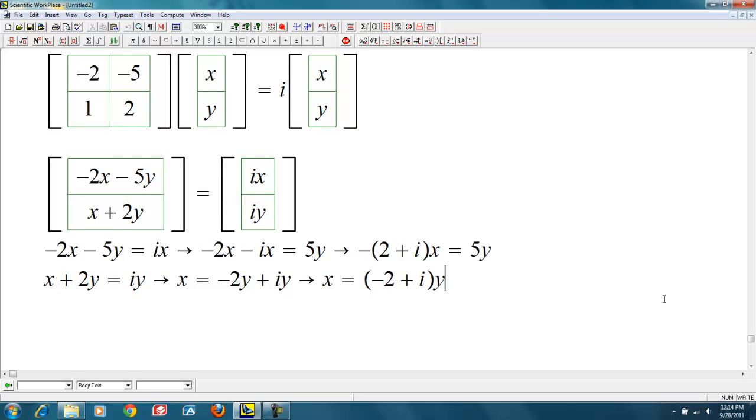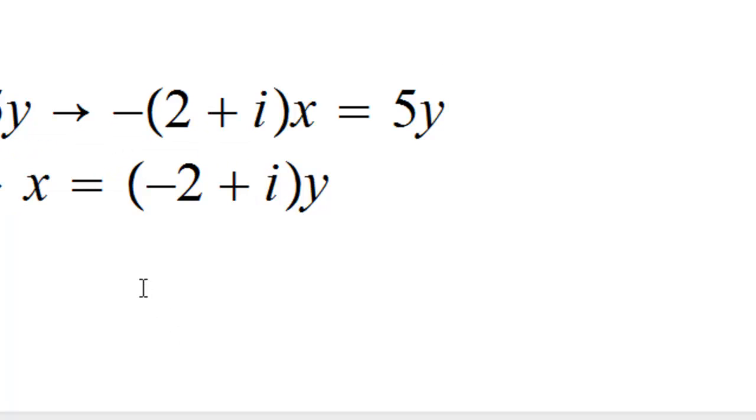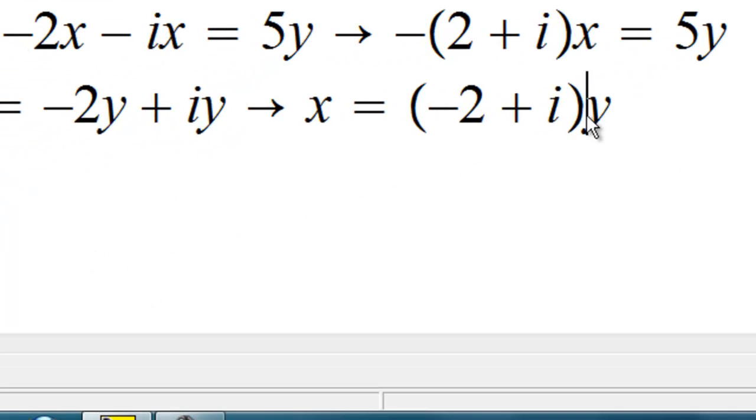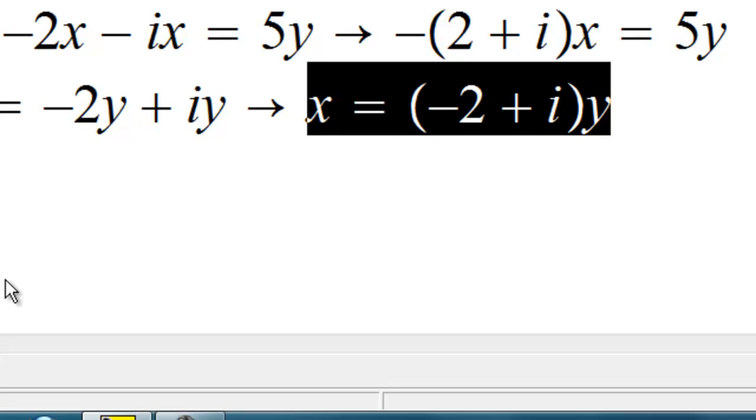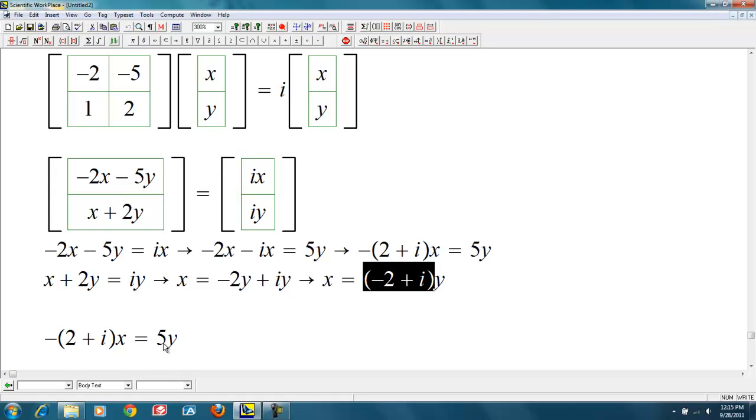Now, the thing is this, that these two mean the same thing, all right? Whether I take x equals that or y equals this, let me just show you. Just like in the real portion. What I'm trying to show you is, this and this are equivalent, right? So let's multiply here.